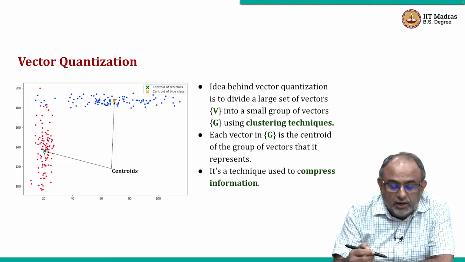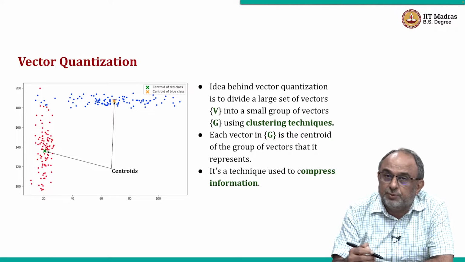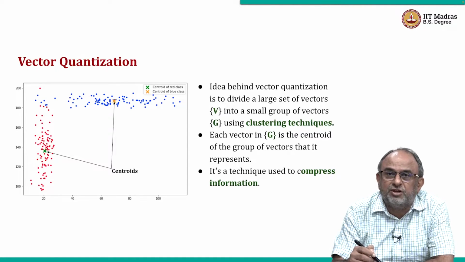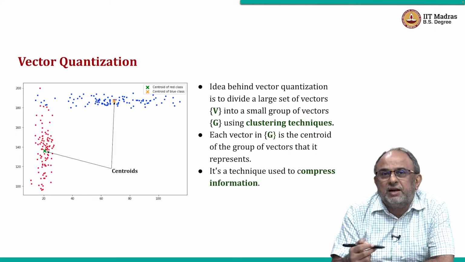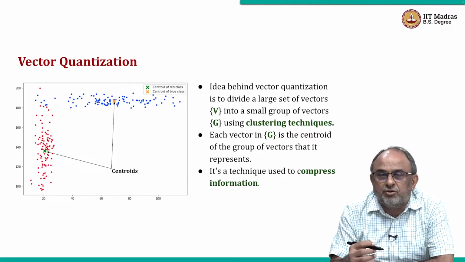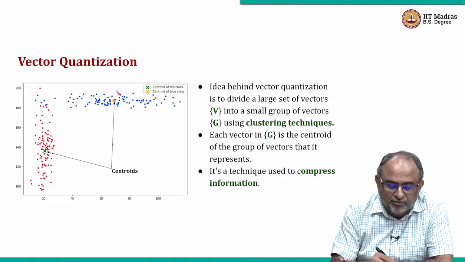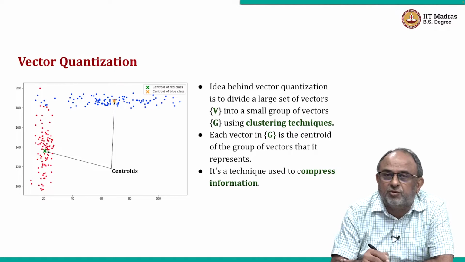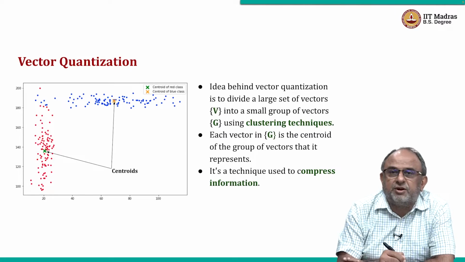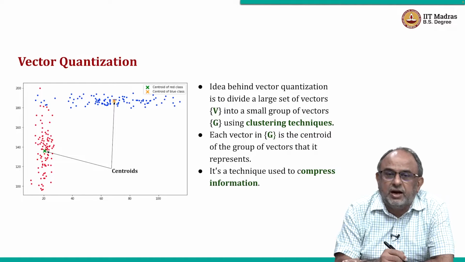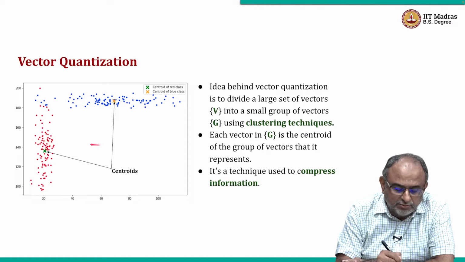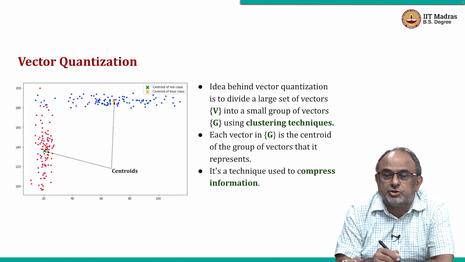This is the mean of all of these, so it may not correspond to any one of these values itself. But we are trying to say that this value is representative of the blue class because it's somewhere in the middle of the blue class. This is representative of the red class, and therefore when new data comes, I try to find out which one it is close to.